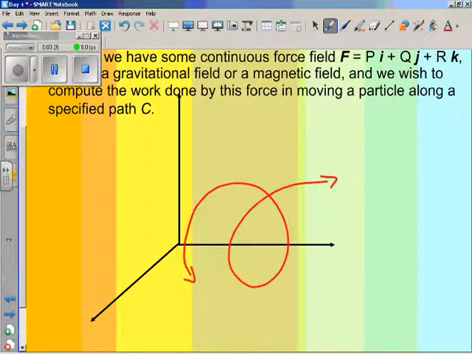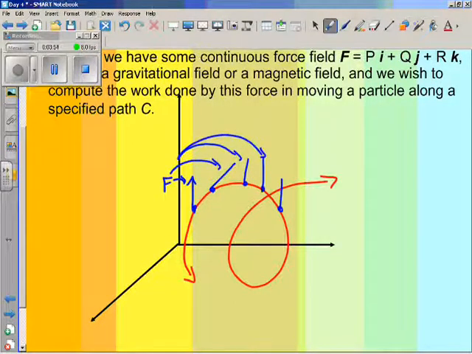So if we have a point here on our curve, it's going to have a specific vector assigned to it. They can go however they want. That's going to be the way the particle is moving.